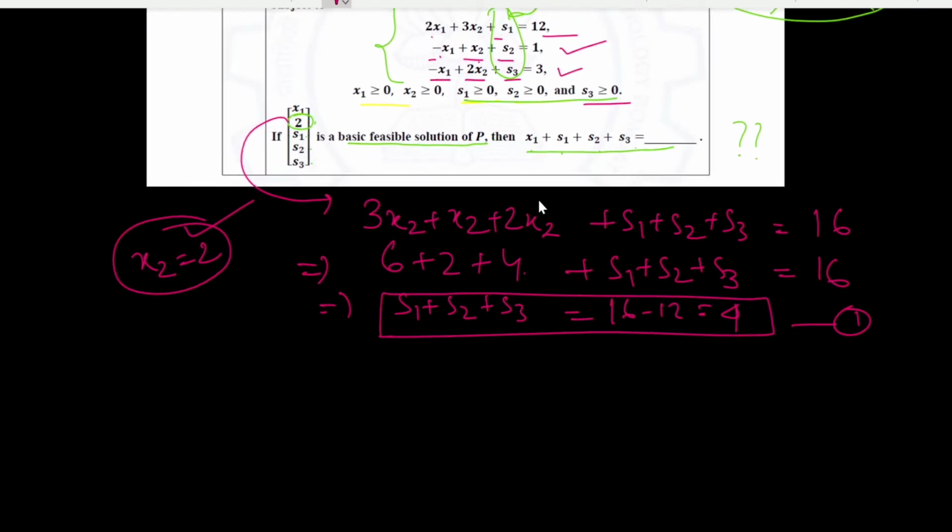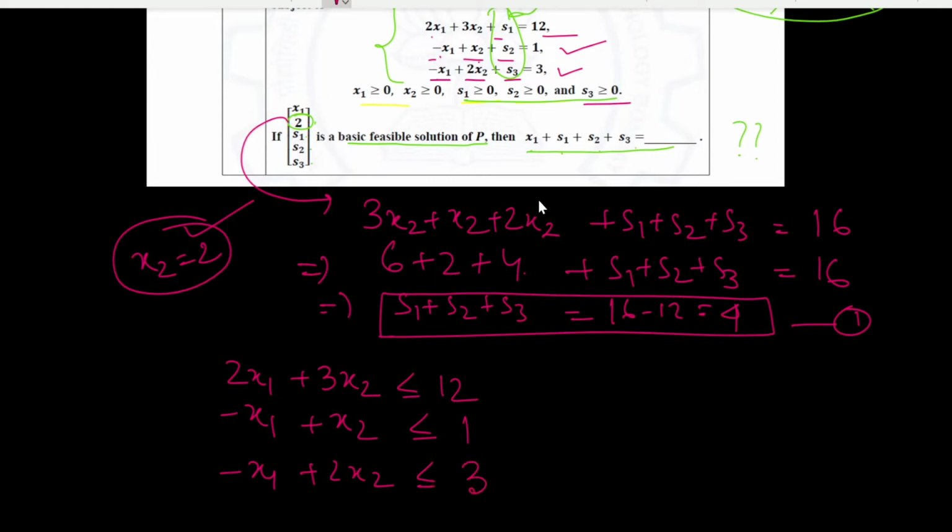Now, for this logic we can see the equations like this. Since x1, x2, s1, s2, s3 are greater than or equal to 0 and these three variables work as slack variables, we can write 2x1 plus 3x2 less than or equal to 12, similarly minus x1 plus x2 less than or equal to 1, and minus x1 plus 2x2 less than or equal to 3.